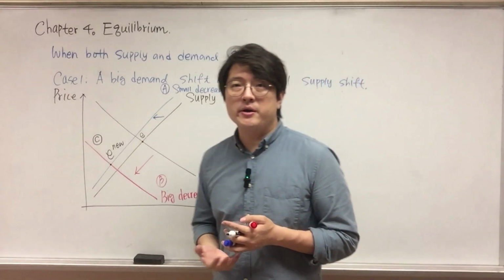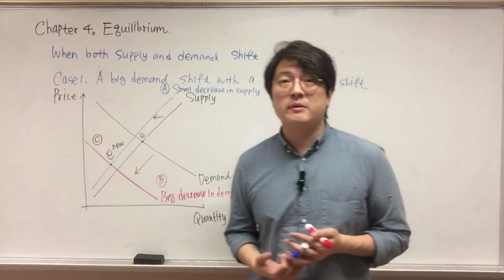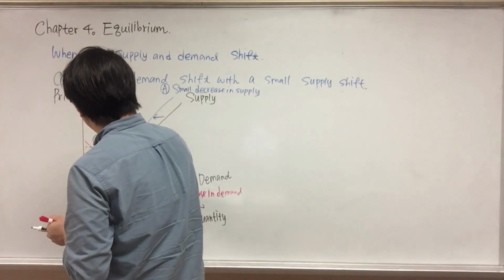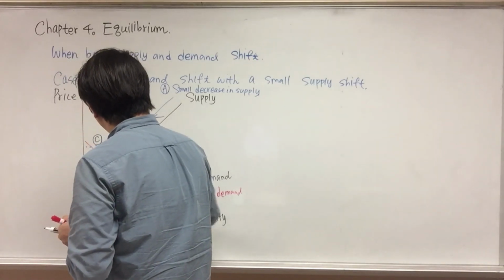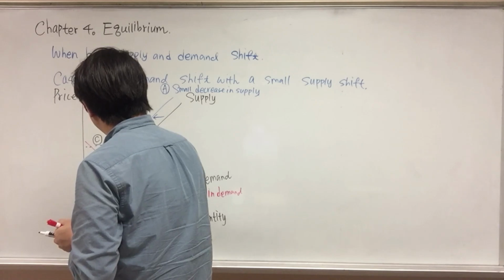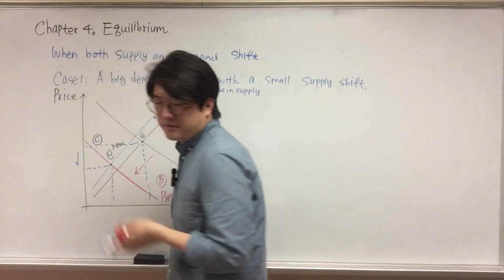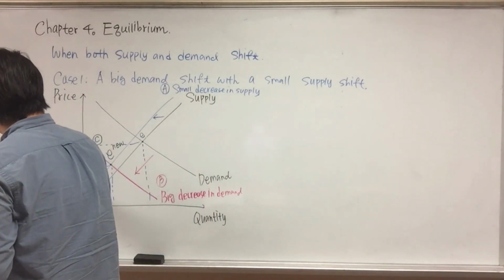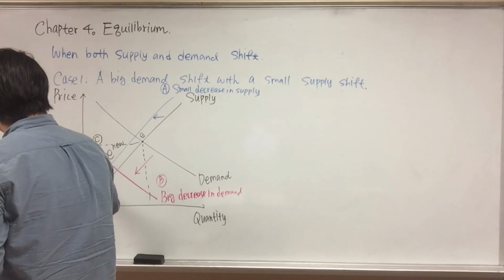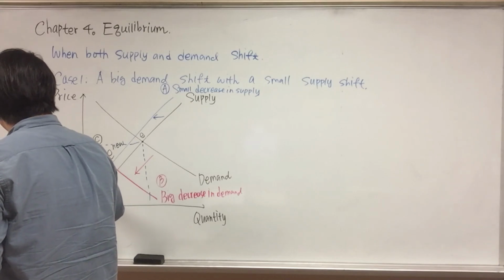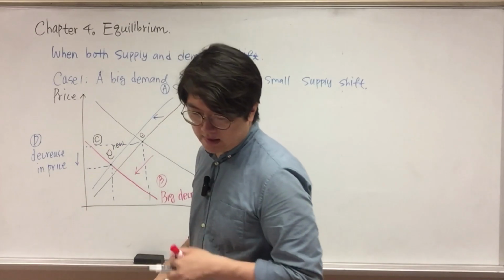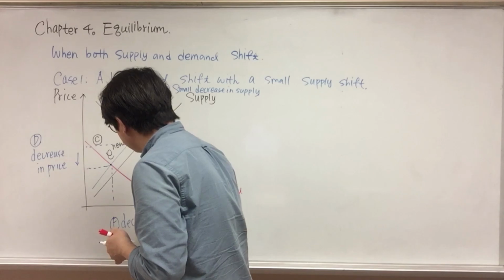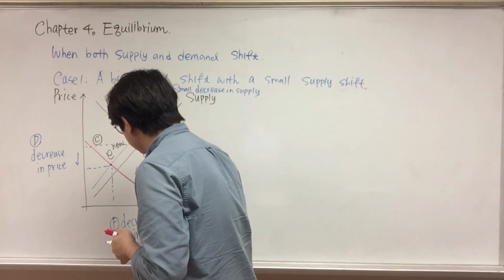So if we compare the new equilibrium point to the old equilibrium point, what happens? We have a decrease in price, right? At the same time, what? We have a decrease in quantity, right?